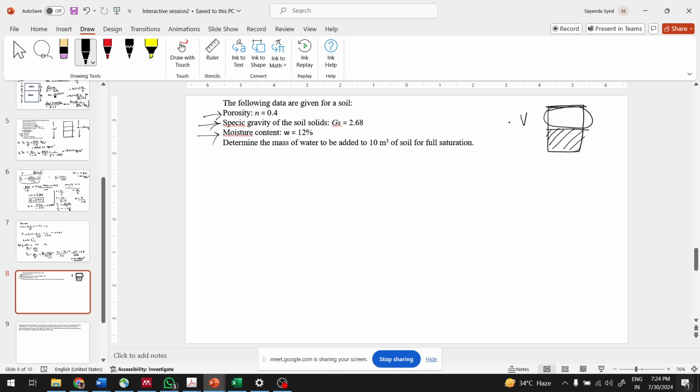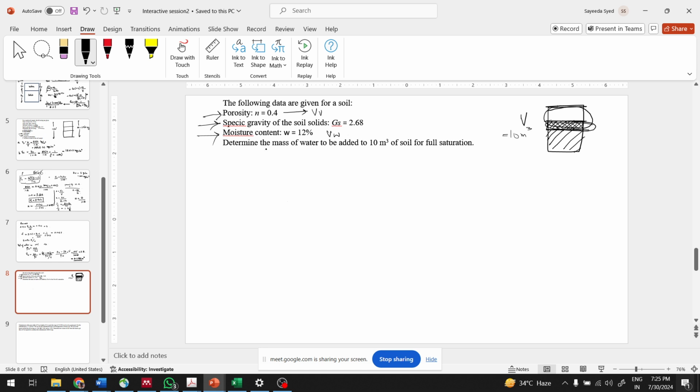So volume is 10 meter cube. We have been given the water content, based on which we will know how much void space is already filled with water. So from porosity, we will know the total void space. From moisture content, we will know the void space that is filled with water.